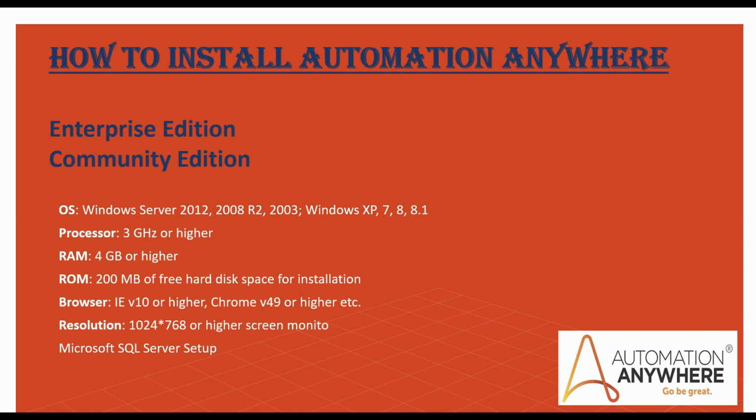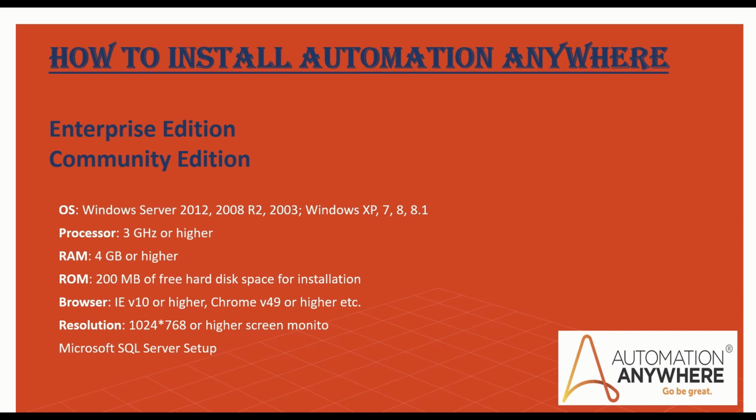Below you can see the basic configuration you should have on your desktop or laptop to install Automation Anywhere. And a very important thing: Microsoft SQL Server setup. If you want the SQL Server setup or you have any issue, please write to me in my comment box. Definitely I will share how we can do these things, but SQL Server is really needed.